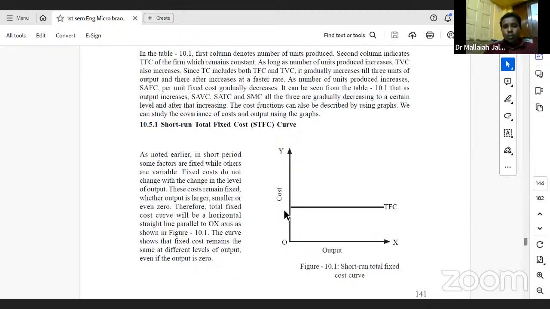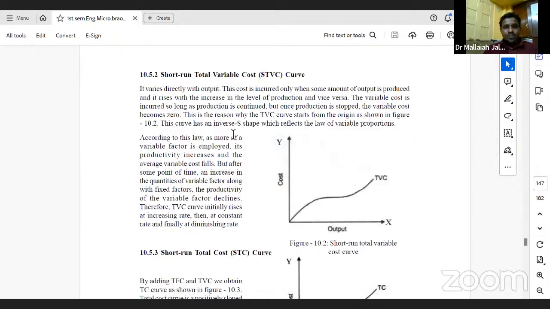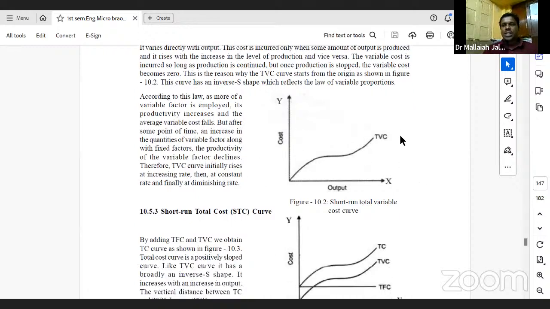They have to bear some amount of cost, that is total fixed cost, and total variable cost. See, this is total. Even if output is 0, no cost. When output increases, cost also increases. Total variable cost also increases. That is the reason why it has an upward slope.